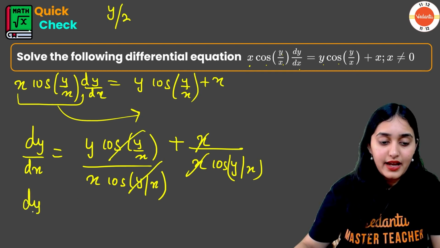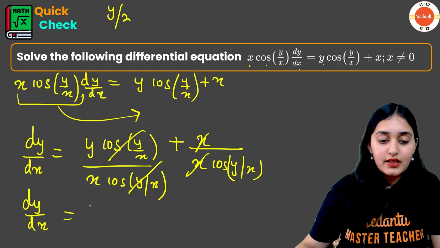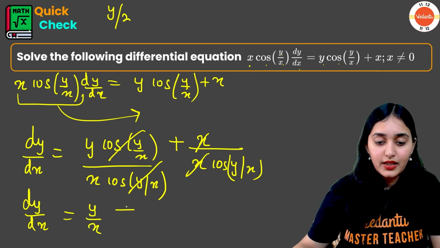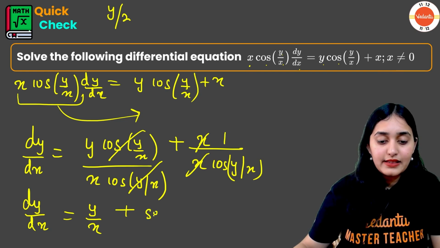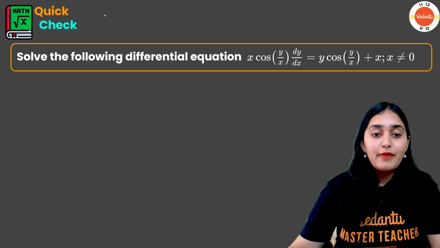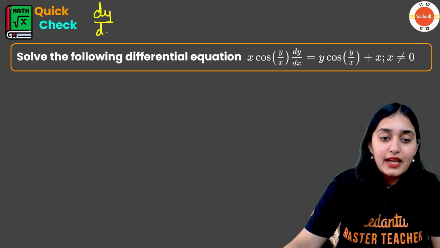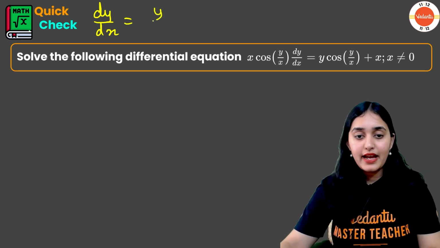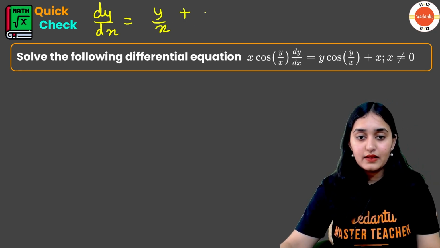We have dy by dx is equal to y by x plus 1 upon cos is sec. So sec y by x. This is my equation now. So my equation is dy by dx is equal to y by x plus sec of y by x.